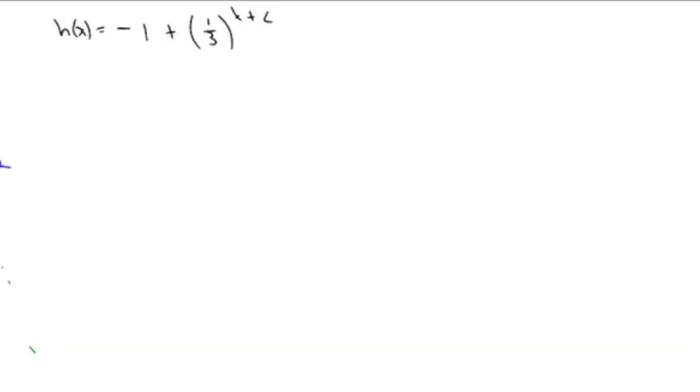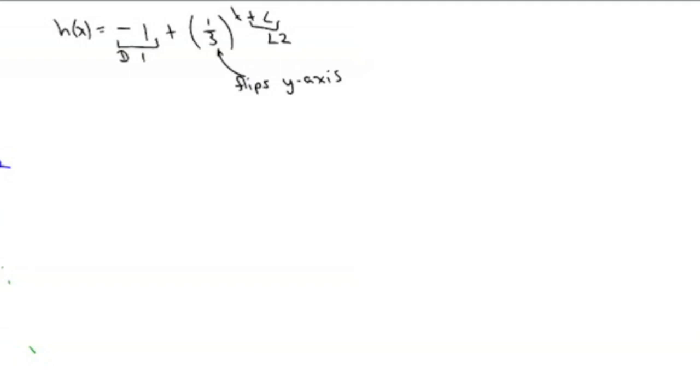What about this one? Down 1, left 2. This has nothing to do with the coefficient sitting in front. This is the base. It flips over the y-axis because it's smaller than 1.